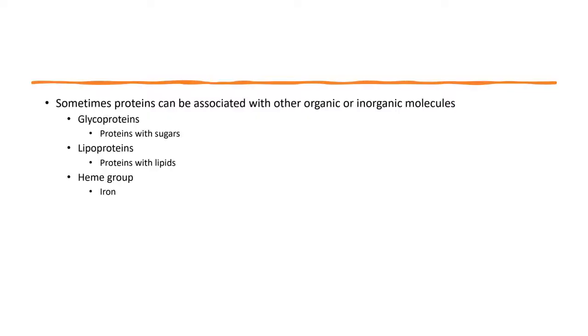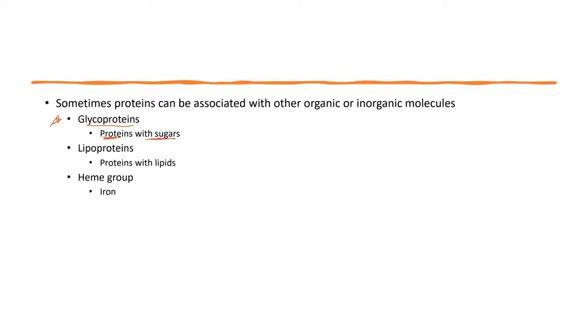One more slide. Sometimes proteins can be associated with other organic and inorganic molecules. And you will hear this when we start talking about a cell. Sometimes we have something called glycoproteins, proteins with sugars. A lot of the times these glycoproteins are going to be markers in the cell membrane of a cell.